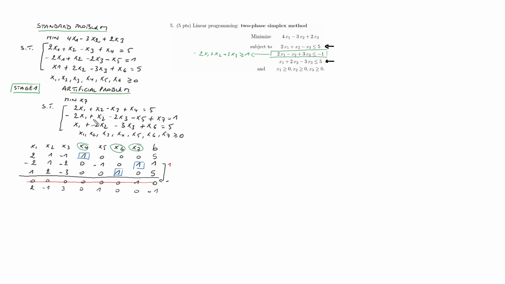And in order to easily find a basic feasible solution to start from, you have to add this artificial variable x7 that you're going to minimize, right? At the end of this stage 1, you should obtain x7 is equal to 0, and the variable will disappear from the problem, and you'll have your basic feasible solution to start from in stage 2.